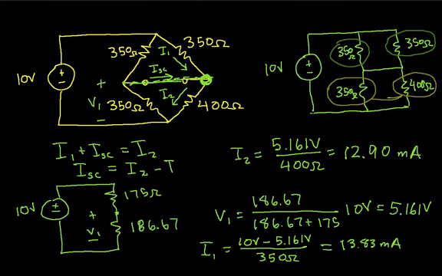From this we can compute the short circuit current, ISC, is going to be I2 minus I1, which gives me 12.9 milliamps minus 13.83 milliamps, which, when I work this out, is minus 0.93 milliamps.